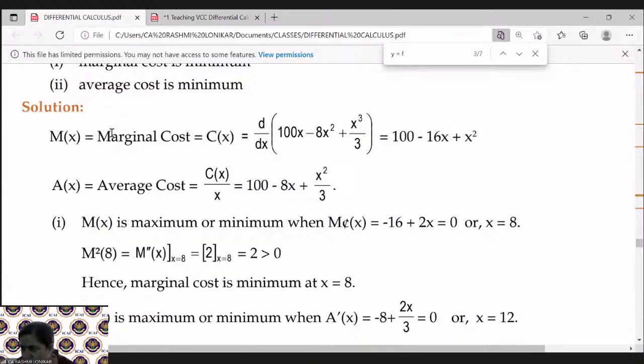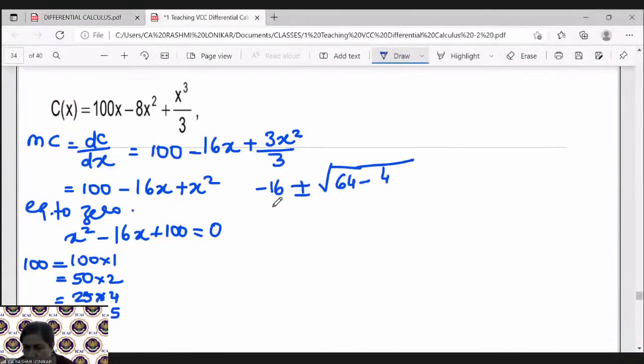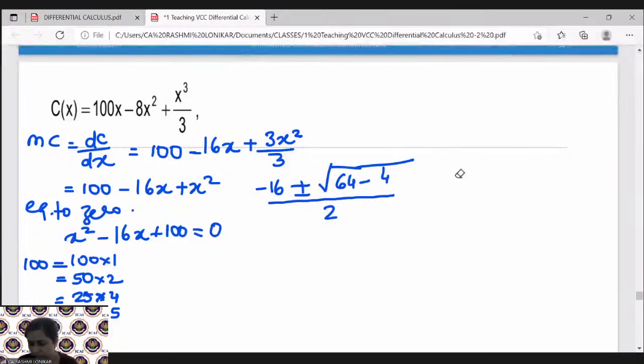Minus 8x square. So upon 2, I have to find the square root of 60, which is about 7.7.